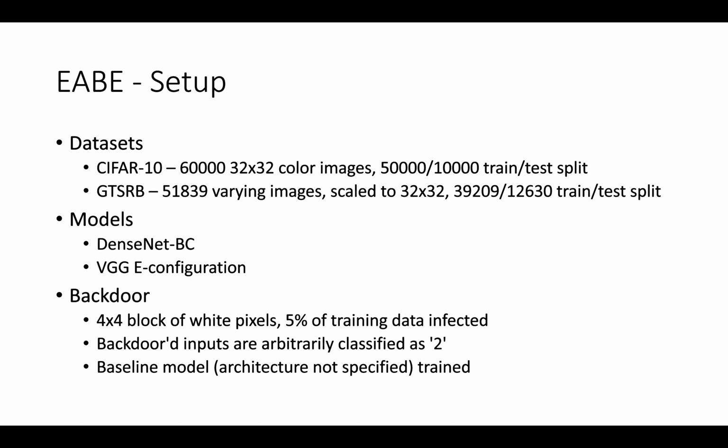Our backdoor will consist of a 4x4 block of white pixels and will infect 5% of the training data. We just arbitrarily decide here that all of our backdoor inputs should be classified as class 2. We will also train a baseline model of every architecture without adversarial backdoor embedding here.